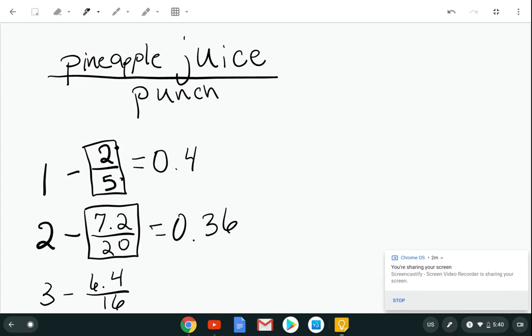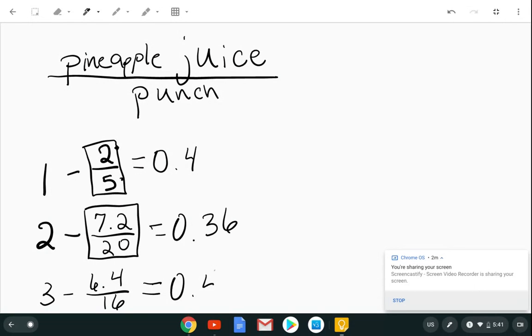That's what you should get. And then the next one, go ahead and type this in your calculator. 6.4 divided by 16. And what do you get? 0.4.